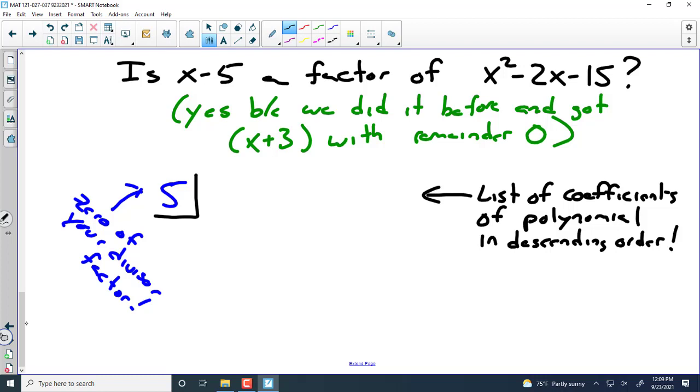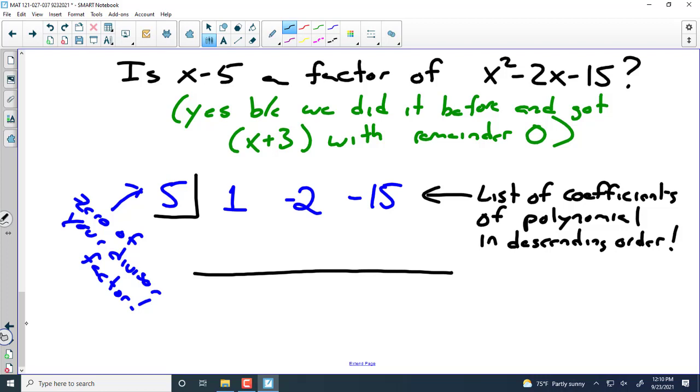So we list the coefficients: 1, minus 2, minus 15. Then, leaving space to write another row of numbers, you put a line in here, with space between these numbers and that line.